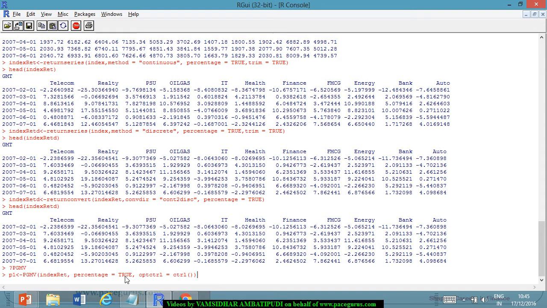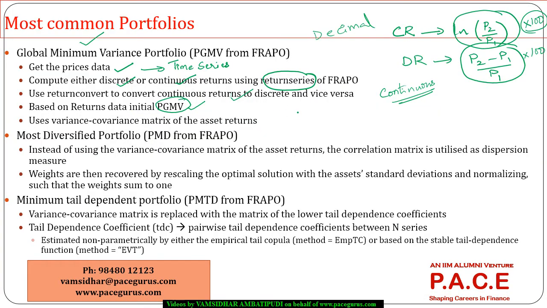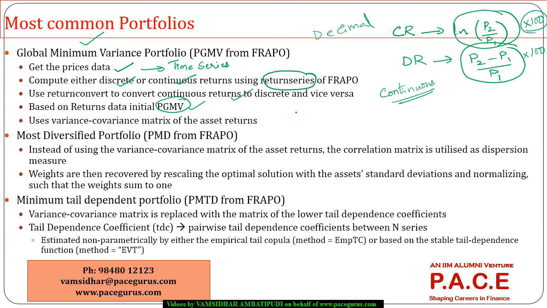This will give me how much I should allocate. What this gives me is the weights that I have to assign to each of the 11 different kinds of sectors, so that the overall variance of the portfolio is the minimum most.